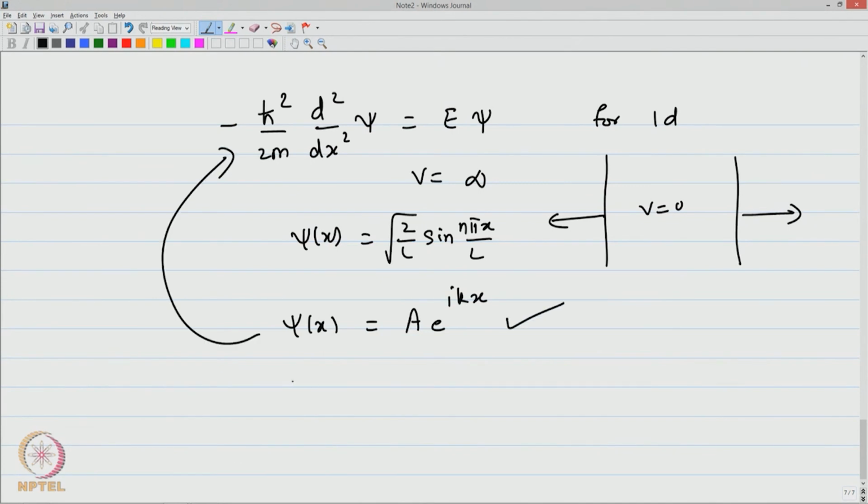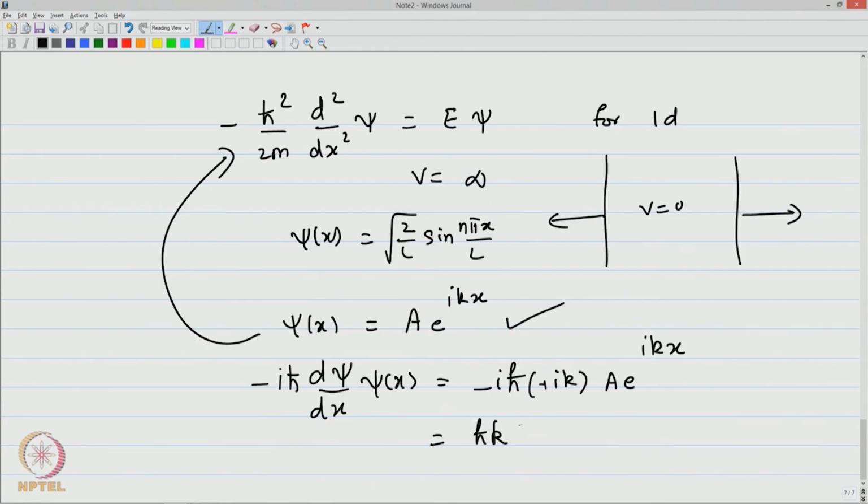But in addition, please remember, this is also a solution of the momentum operator. Applying minus i h bar times the derivative d psi by dx will give you plus i k, and it will give you A e to the i k x, and therefore, the answer is h bar k times psi.